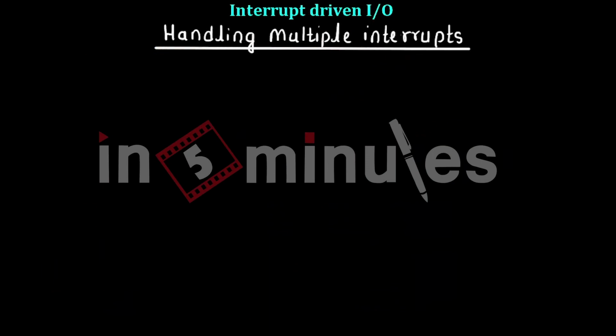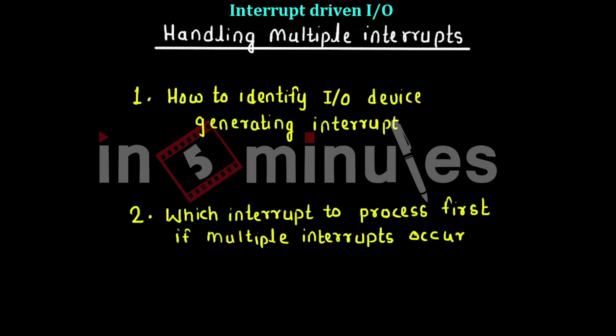Two issues while handling multiple interrupts are: first, the processor has to identify which IO device is generating the interrupt, because generally the interrupt line for the processor is common or shared among various devices and IO modules. And the second issue is that if there are two or more interrupts present at the same time, then the processor has to decide which interrupt it is going to process first.